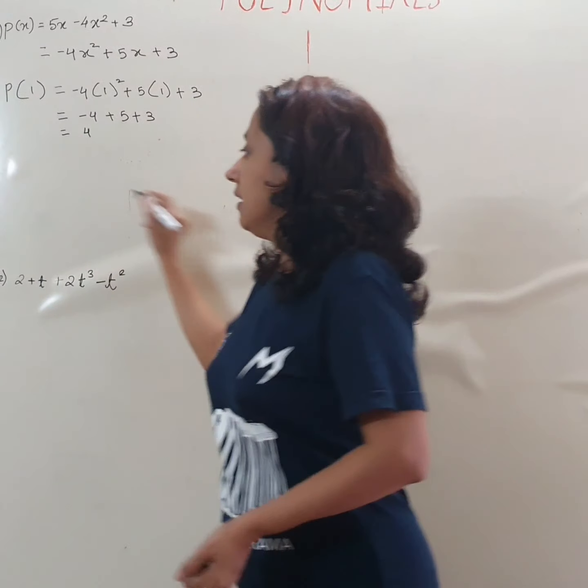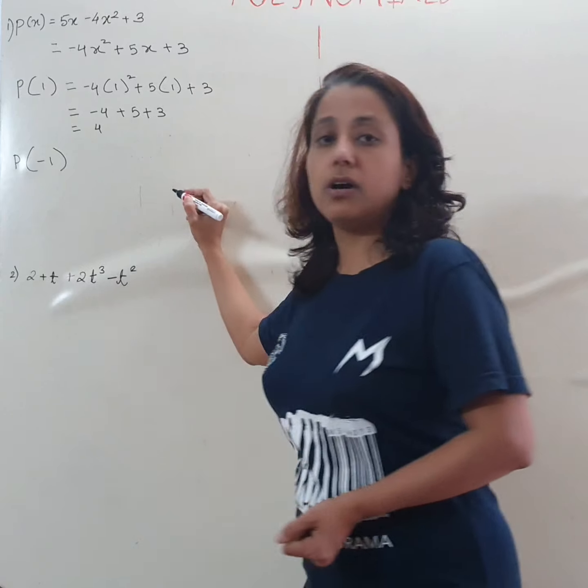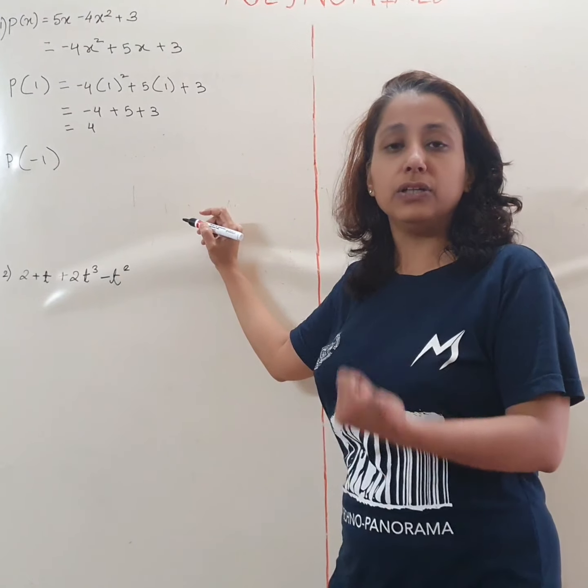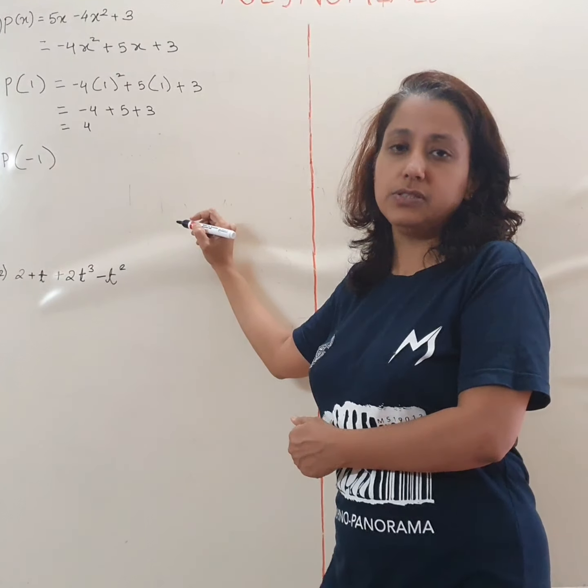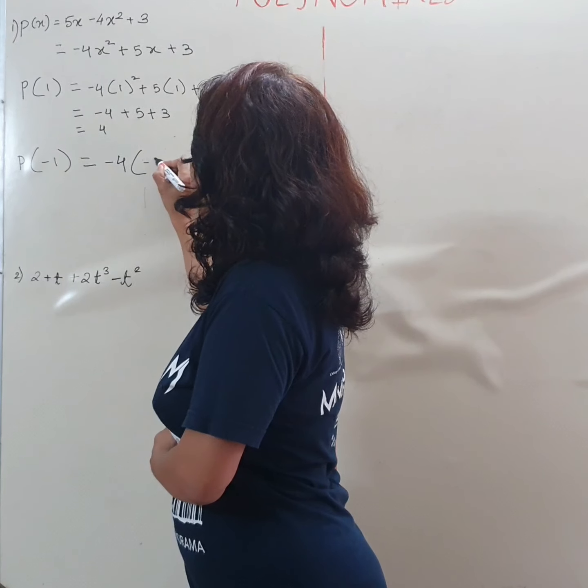Let us consider the value of the same polynomial at x is equal to minus 1. So this is called p of minus 1. That is the value of the polynomial at x equals minus 1. So wherever you have x, you are going to put minus 1.